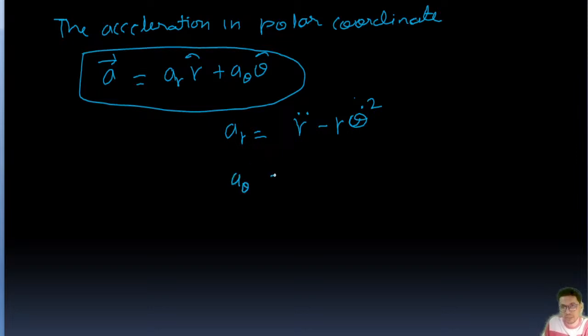Similarly, the value of A theta is r theta double dot plus 2 r dot theta dot. So this is the formula you need to note down. Okay, we'll put the values here.